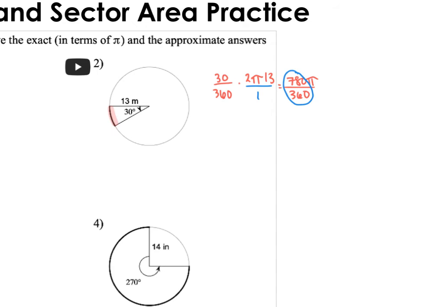So 780 divided by 360 is 2.17. 2.17 pi, and my units are meters. So there's my answer in terms of pi. To get my approximate, 2.17 times 3.14, we get about 6.80. So 6.80 meters.